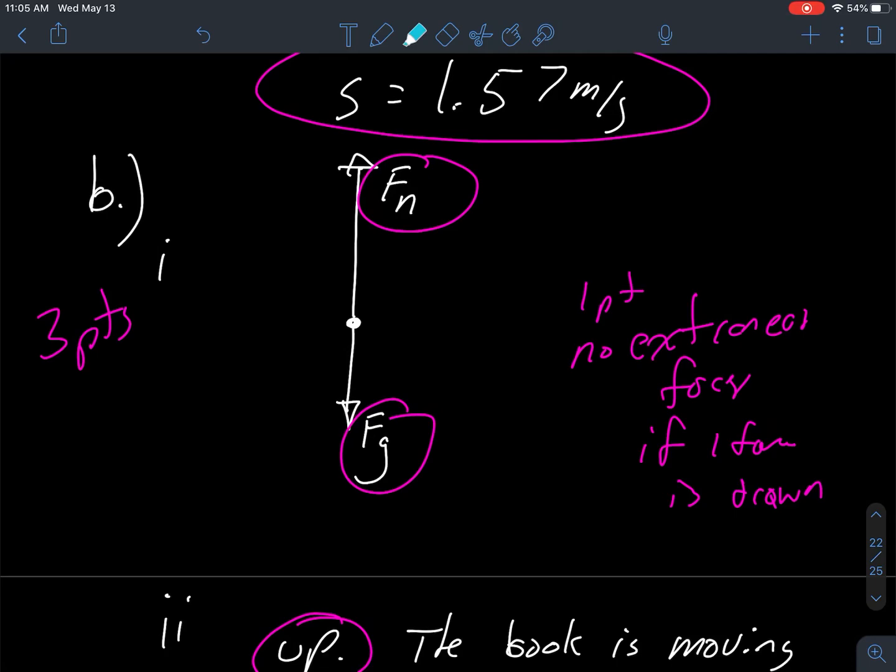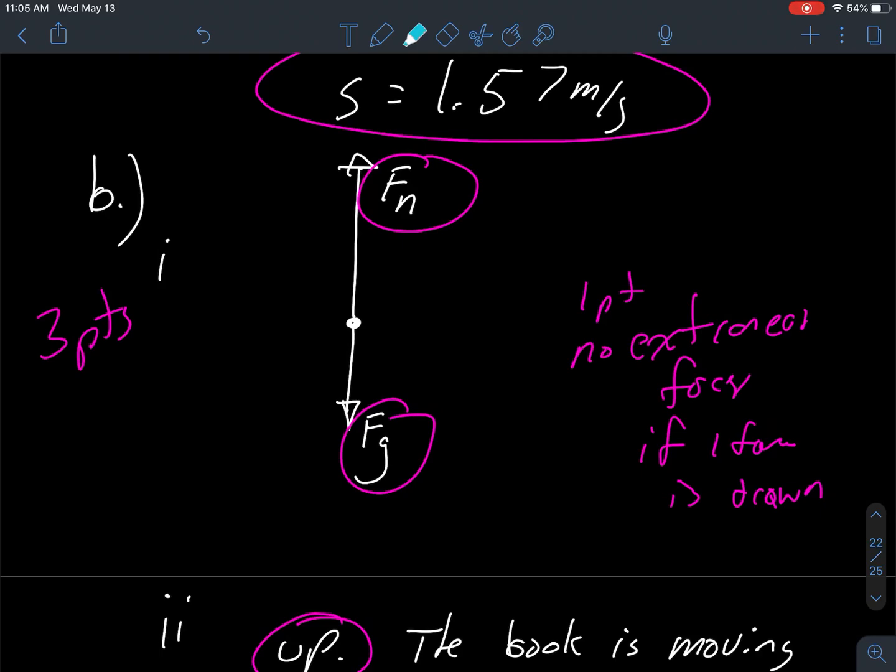Where the 3 points came in is identifying normal, gravity, and showing that normal was bigger. So make sure when you're selecting or drawing force diagrams that it's a noticeably bigger arrow or line.